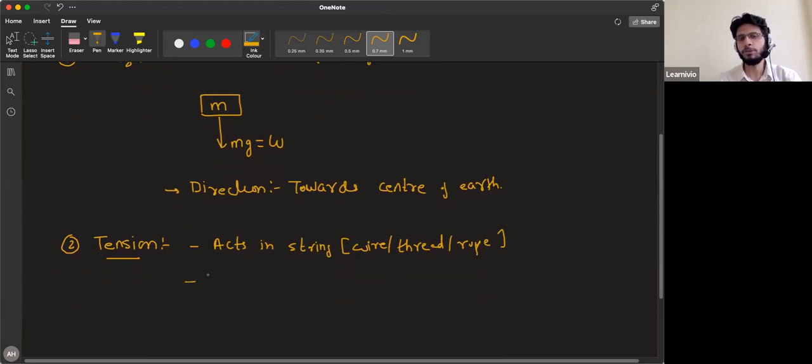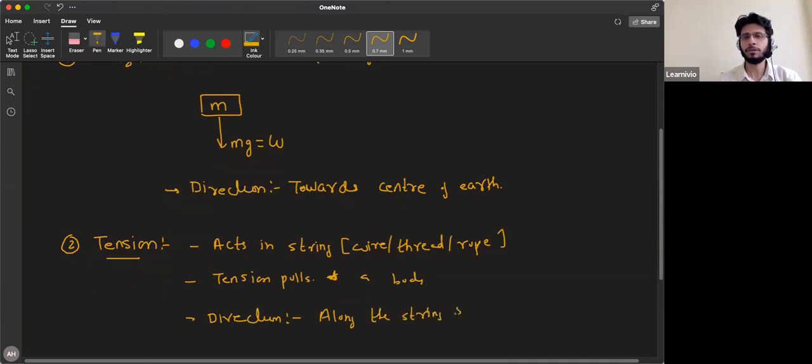And what does tension do? Tension pulls. Now the third thing, what is the direction of tension? Direction of tension is along the string, and away from the body.